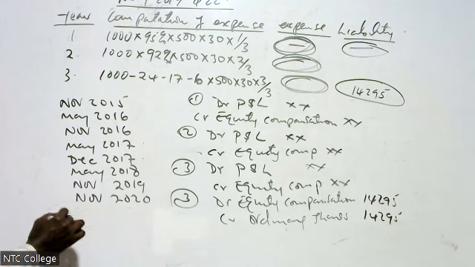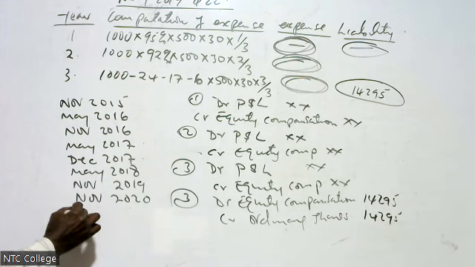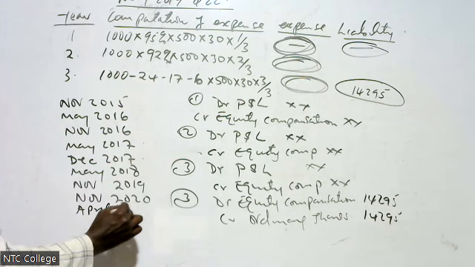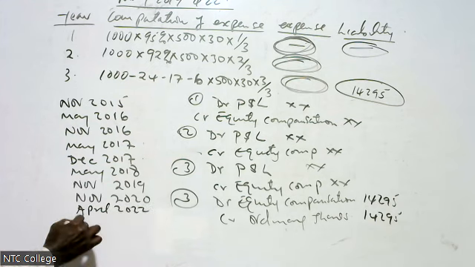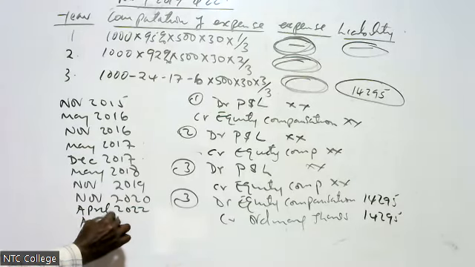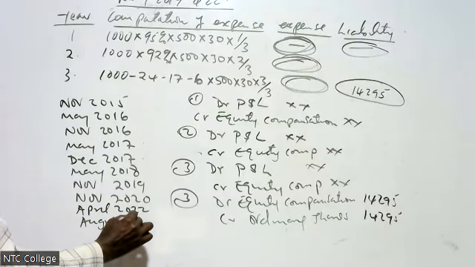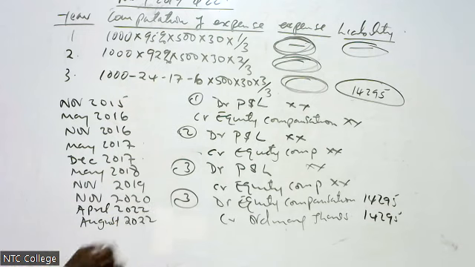After this, you go to April 2022, then August 2022, then lastly December 2023. These are very common topics. It has a lot of questions, therefore you go and do them.